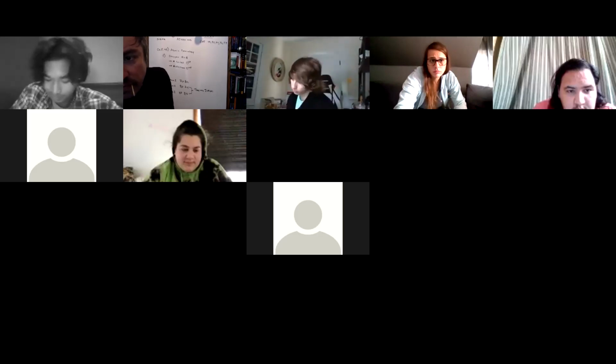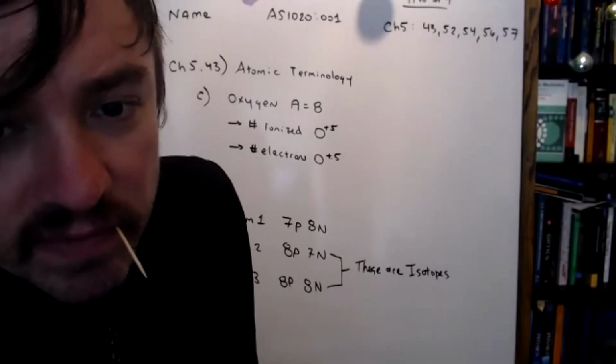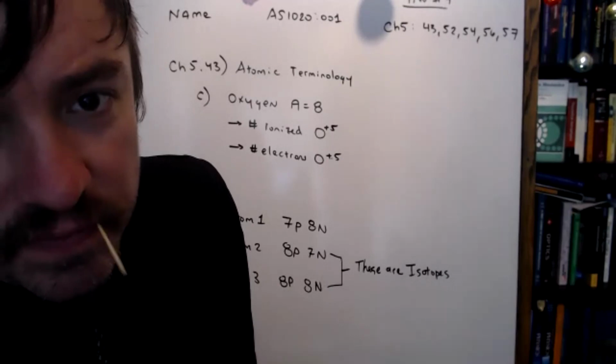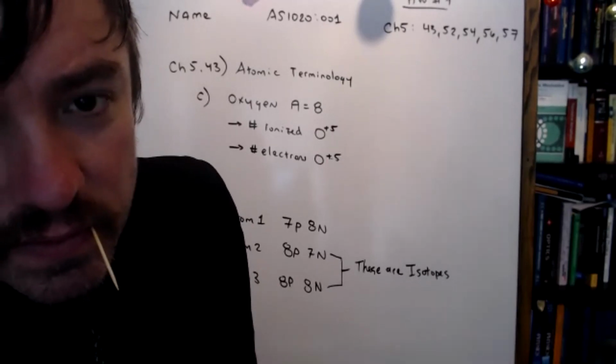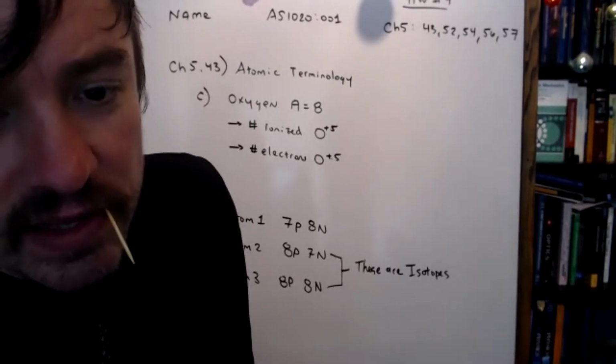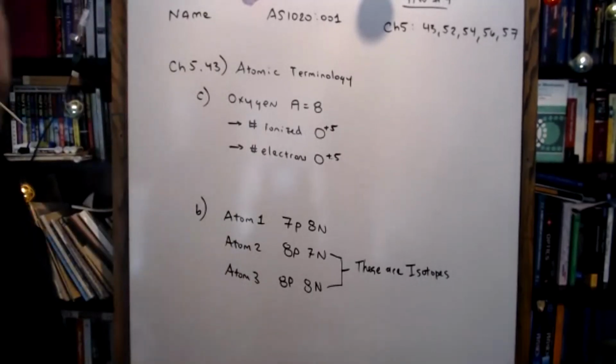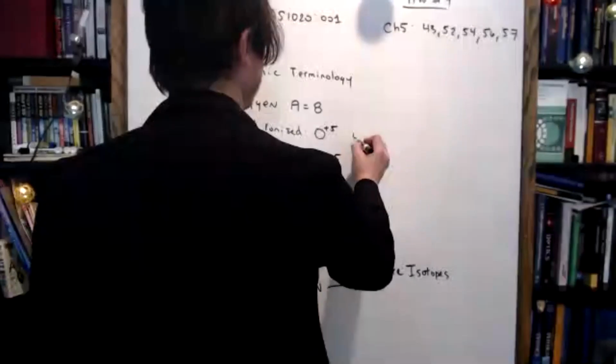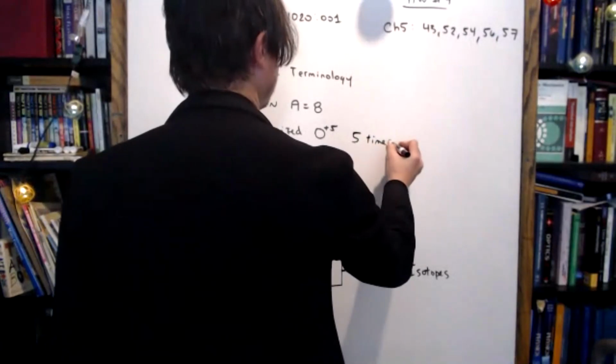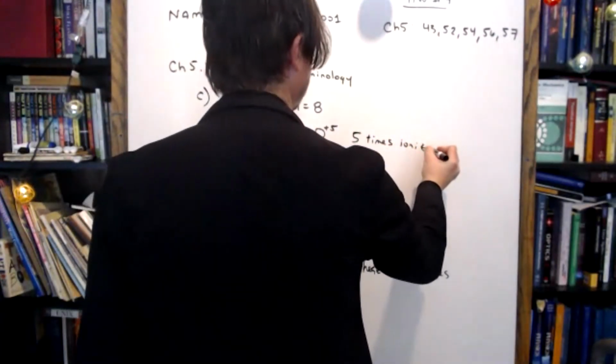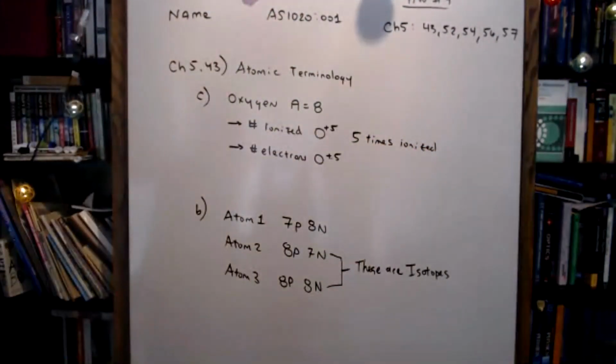I've never even seen you before. Caroline, do you know? Caroline says 5. You are correct. So how many electrons are left over? That should be pretty simple, right, Caroline?